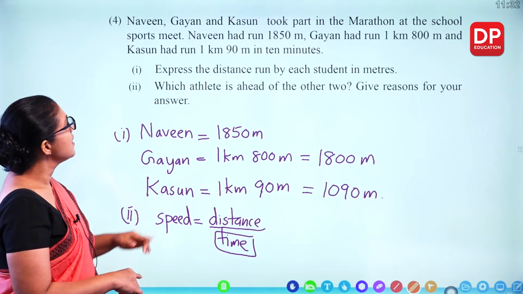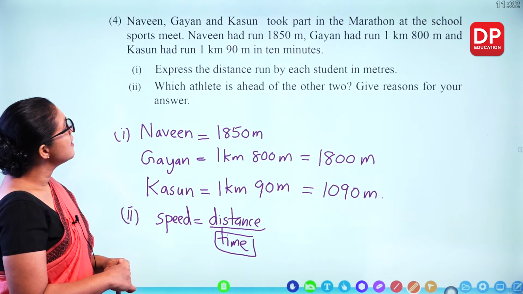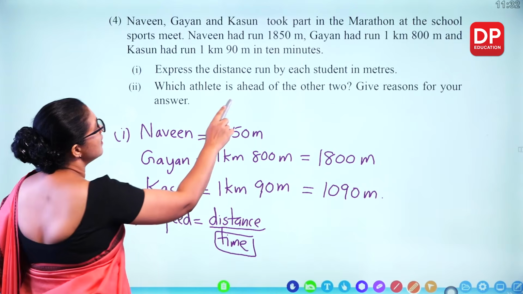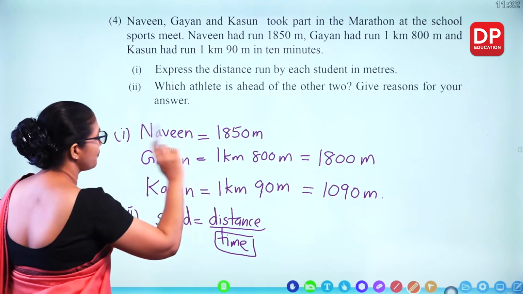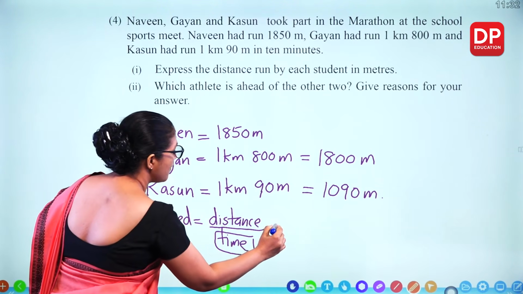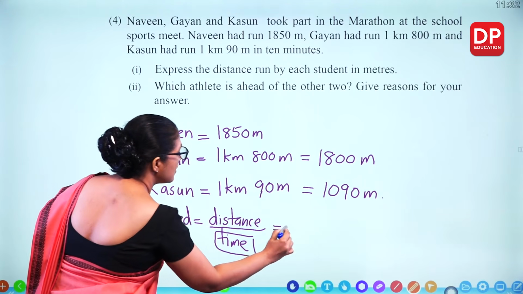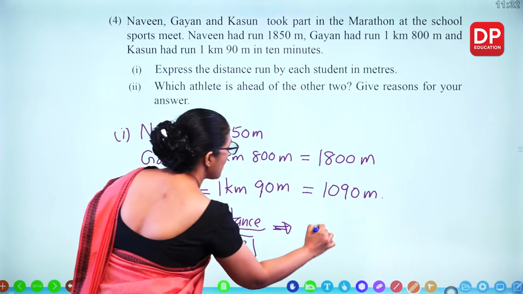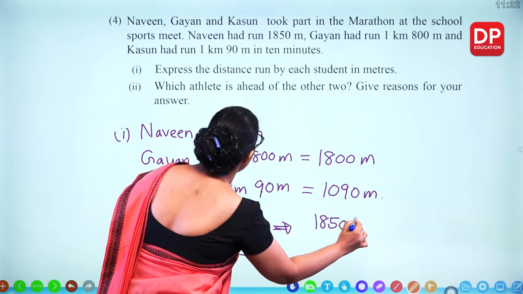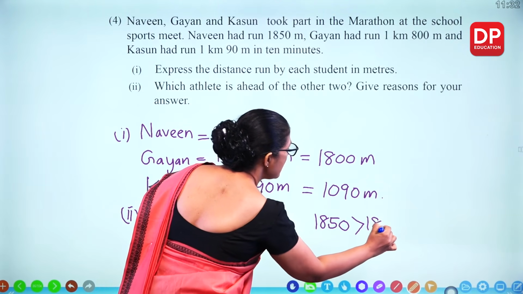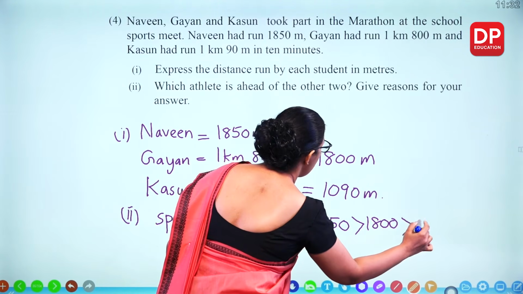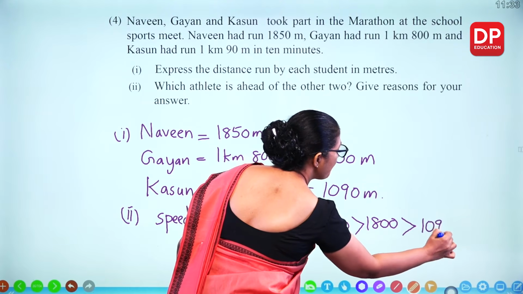1,850. Naveen is ahead of the other two. So here you can write, distance wise, 1,850 is more than 1,800. That's more than 1,090.